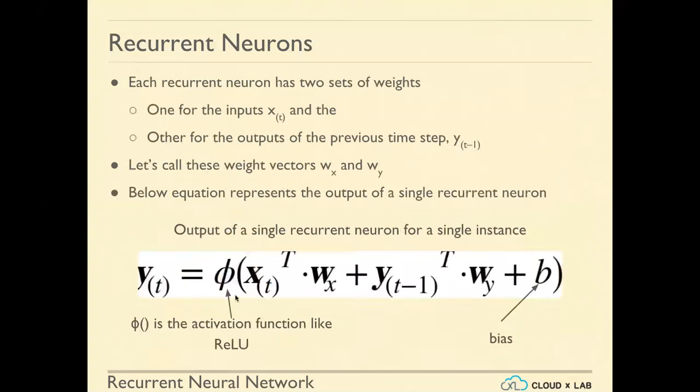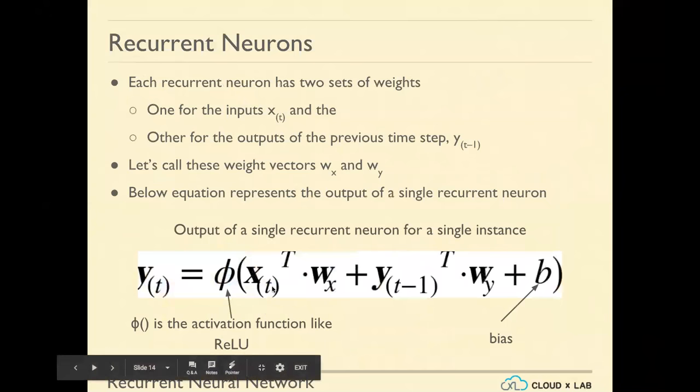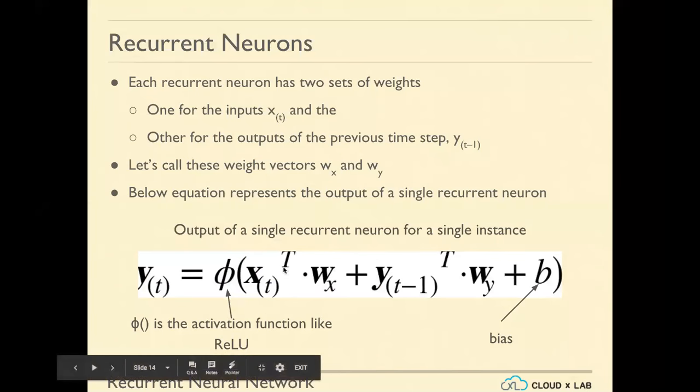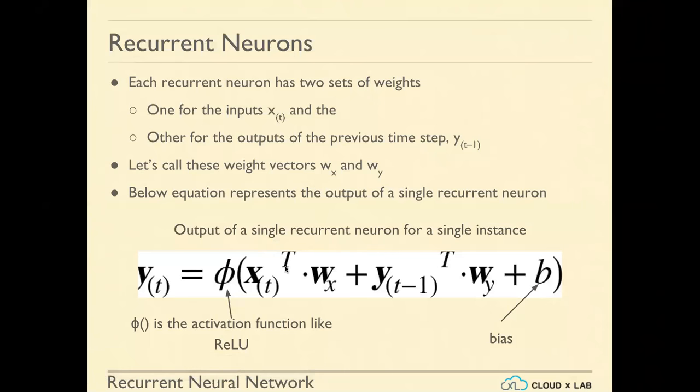Now, there is one more thing here. It's called phi, which is the activation function like ReLU. Okay, so we multiply the xt, meaning the transpose of x. Since x is a vertical vector, we are making it horizontal by putting t on top of it, by transposing it. So we are multiplying the input with Wx, and we are adding another term.